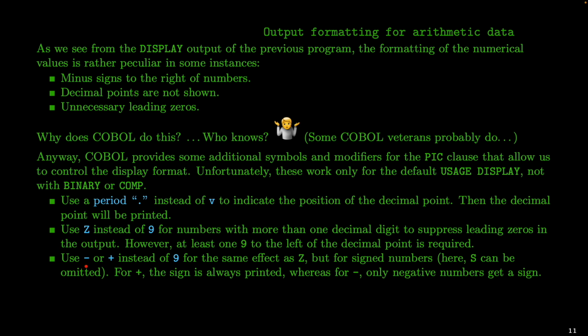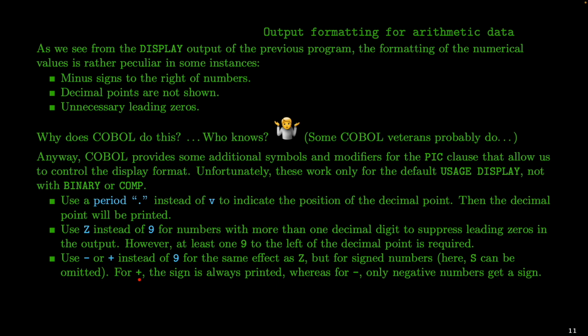And we can use minus or plus instead of the symbol 9 for the same effect as the Z, so it would suppress leading zeros. But we use this with signed numbers. So then we don't have to use the symbol S, so we can just use minus or plus to indicate that it is a signed number.